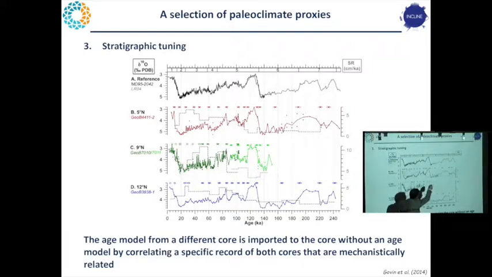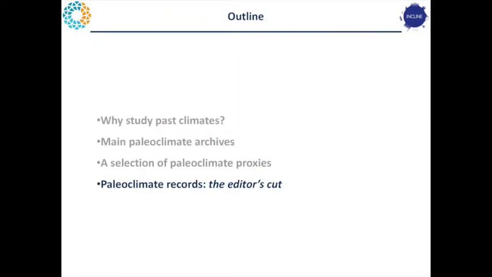So we can use tie points. We say, well, I can export the age of this one here to this, and to this as well. So the age model from a different core is imported to the core without an age model by correlating a specific record of both cores that are mechanistically related. Good. Third possibility of dating.